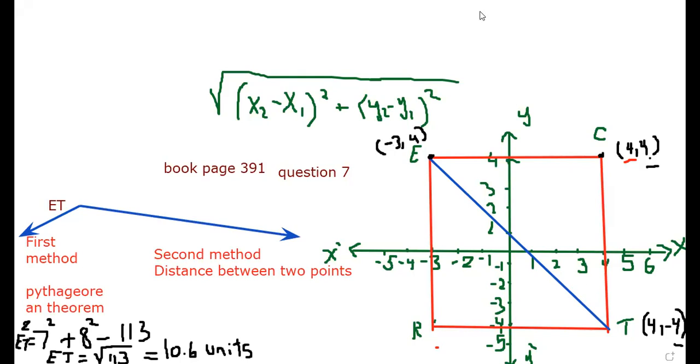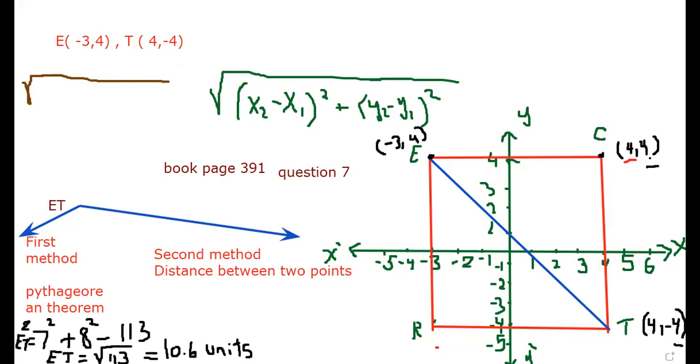Agree. Okay, then we will put now the 2 points. The ordered pair for E is negative 3 and 4. And the second point is T, 4 and negative 4. Then we will substitute to find the value of ET under the radical sign. Who is going to work with me and tell me the answer? Khadija?